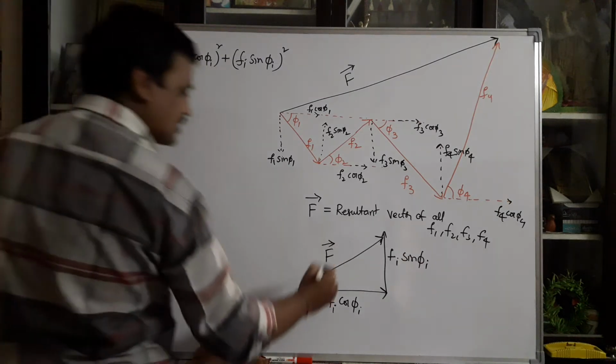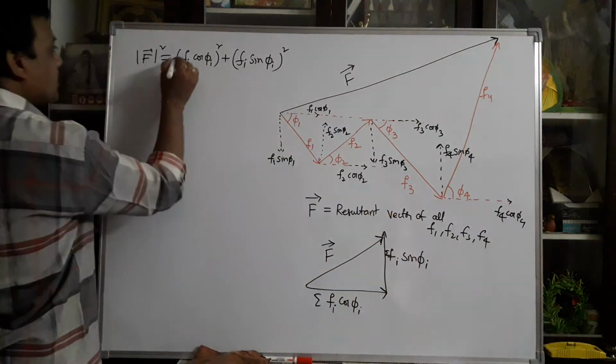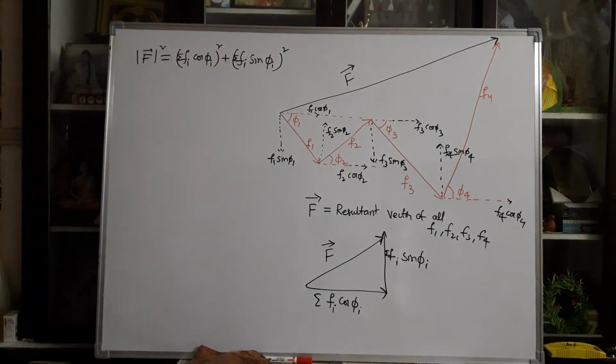So this can be taken as a sum, sigma, because a number of them are there. So here also sigma. This is in the general form.